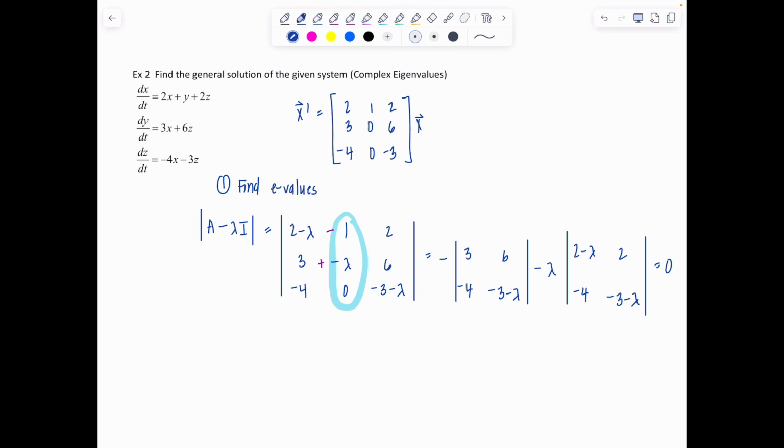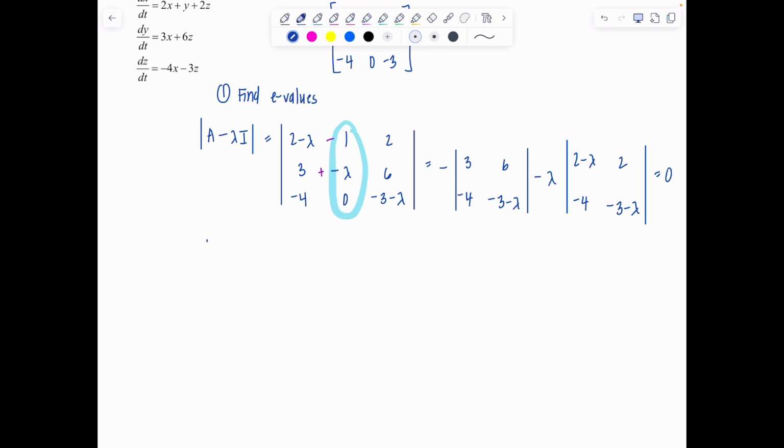This is 0, yes? So negative 9 minus 3 lambda plus 24 minus lambda times, maybe I shouldn't have multiplied that out. No, we have to, okay.